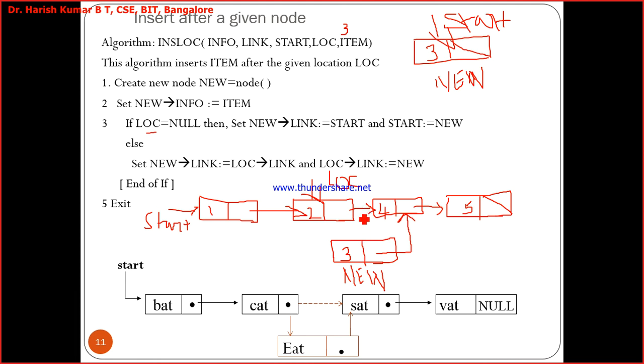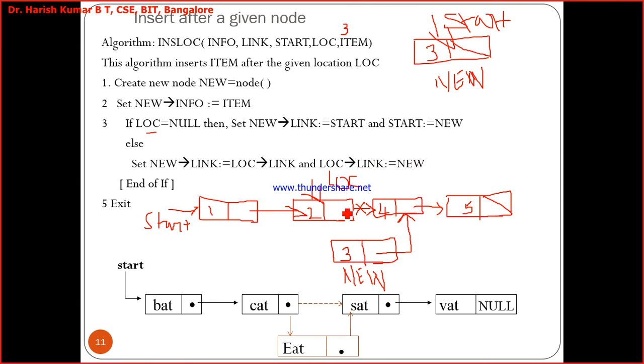Now see, the current status is that you can reach this node from here also. From 2 also you can go to this, from 3 also you can go to this. Yes or no? But now I need to break this link, and here I need to put the address of this node. I am breaking this by saying location arrow link is equal to new.